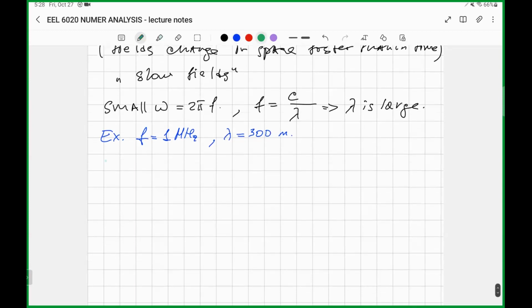What it means in practice is that if you compare the phase in one typical circuit, we would notice no phase retardation due to the field transmission or propagation.